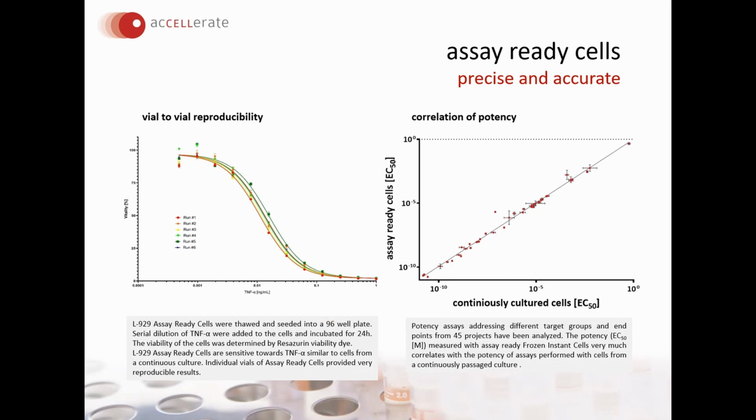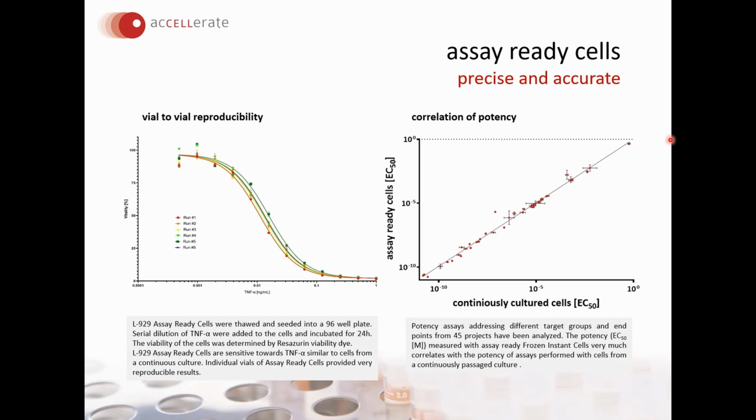We have analyzed the potency from different endpoints, different cell lines from different projects, and compared the results from when we used continuously cultured cells with Assay Ready cells, which had been used instantly after thawing. And you can see here that we have a really great comparison or regression when we compare the continuously cultured cells with the Assay Ready cells.